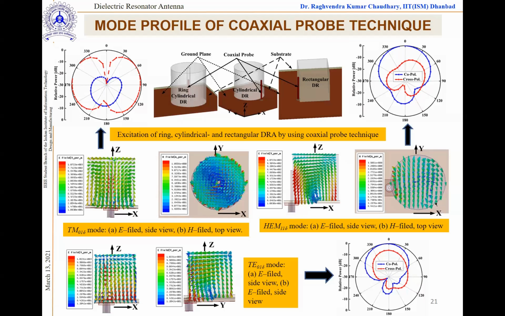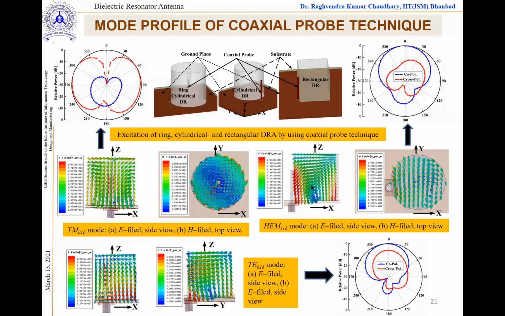Now if you see this cylindrical DR fed through a periphery, at the circumference, the electric field will make a half cycle, and there will be magnetic field like this. If you compare the field profile, you will find that this is an HE11 delta mode.